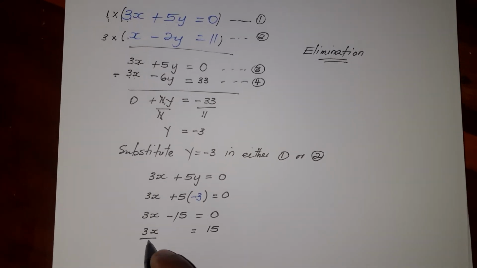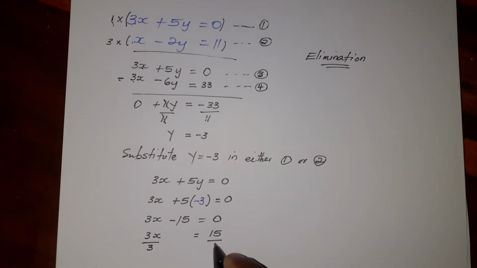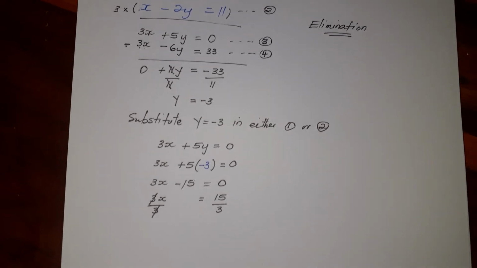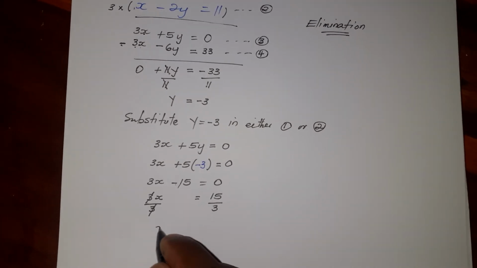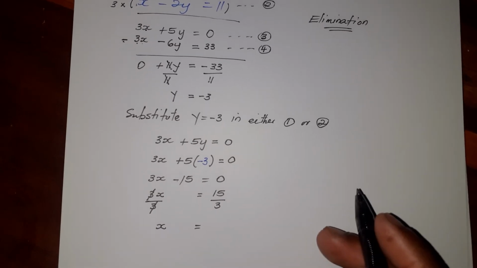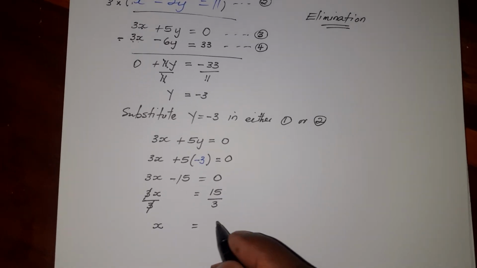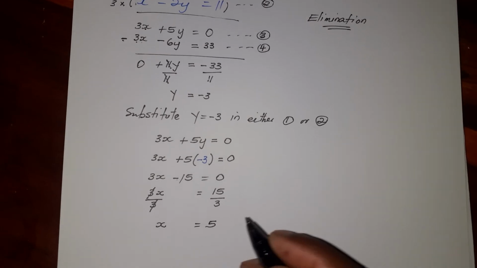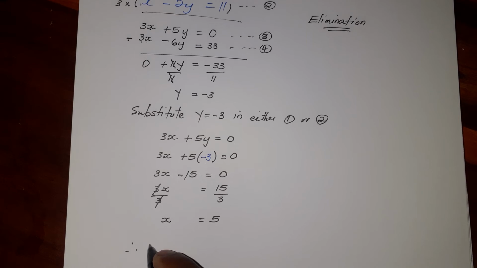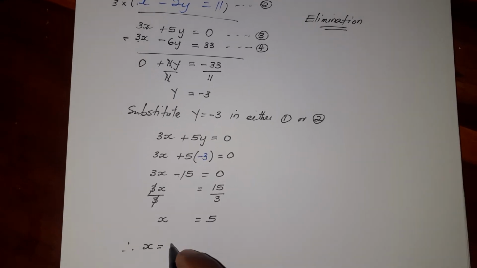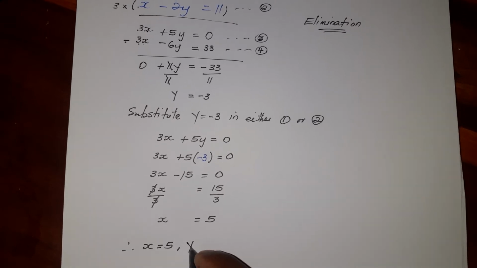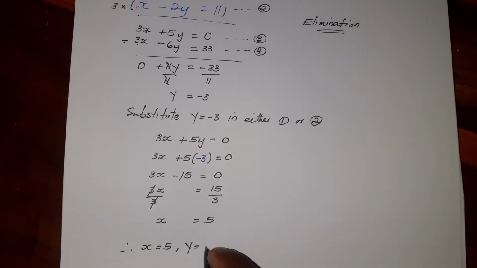Now we have to divide both sides by 3 so that we can find the value of x. This side we only have x, while this side we divide 15 by 3. We should get positive 5. Therefore, we can now write that our x is equal to positive 5, while our y is equal to negative 3.